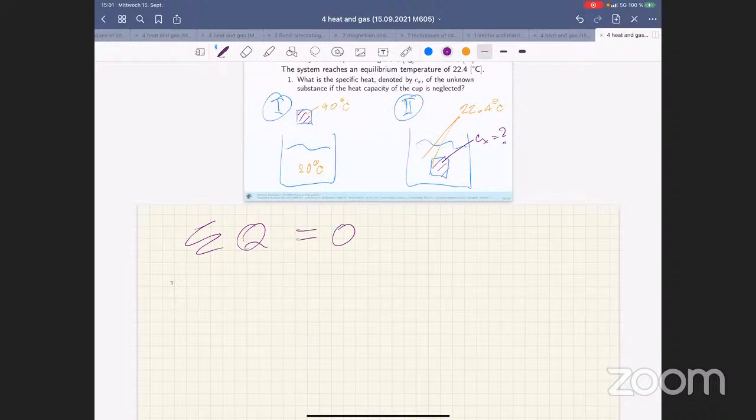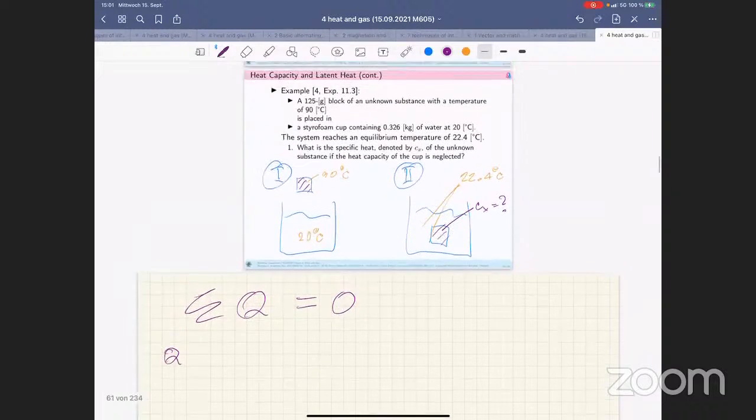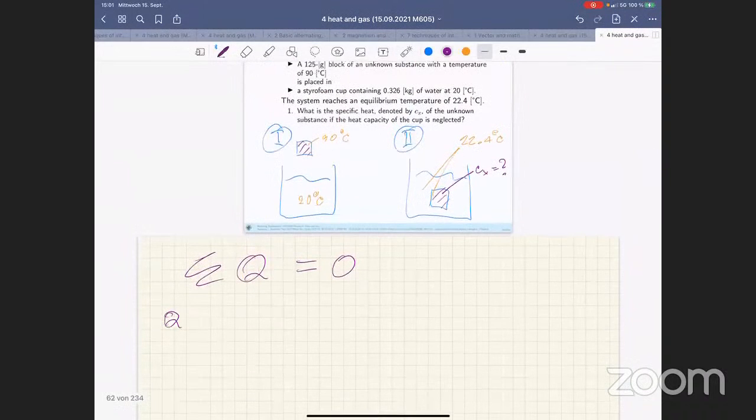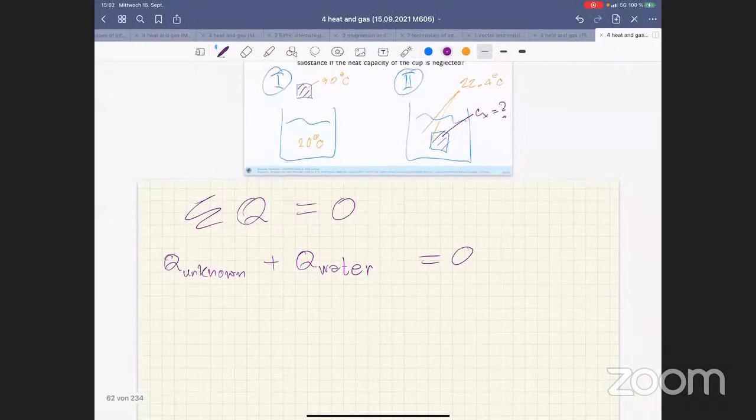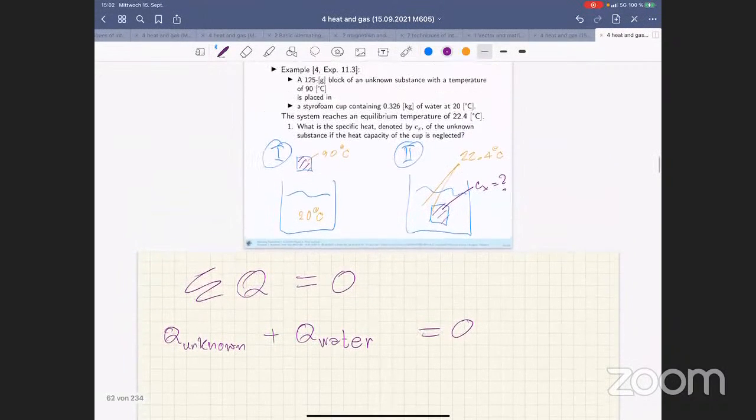The first one is the heat of the unknown substance, plus the heat of the water, and it remains zero. That's the whole thing we have to rely on.